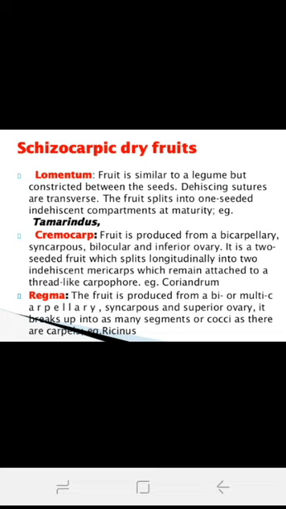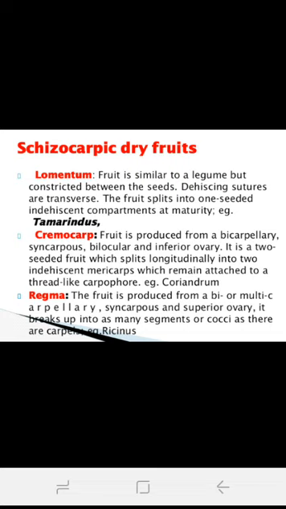The dehiscing sutures are transverse, meaning the fruit is split into one-seeded compartments at maturity. In legume, it splits along the suture and the seeds separate out. But in the case of lomentum, the fruit is split into small one-seeded compartments. So it is not completely dehiscing. That is lomentum. Example: tamarind.